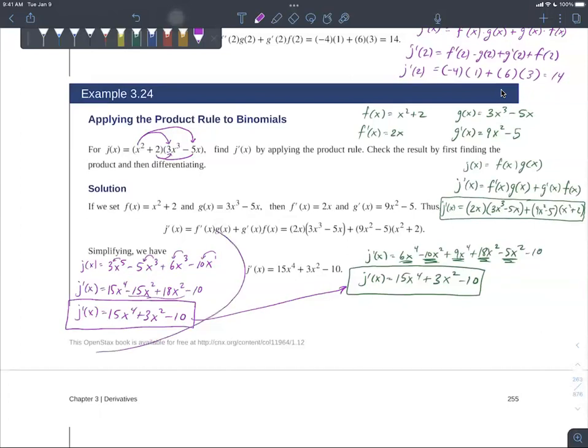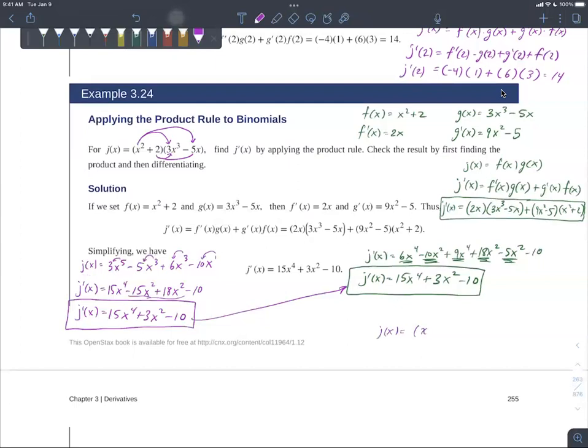Now, this might look easier in this case, and it is, but sometimes we have two functions where you can't multiply them out. Like, let's say j of x was defined to be, well, what could we use?